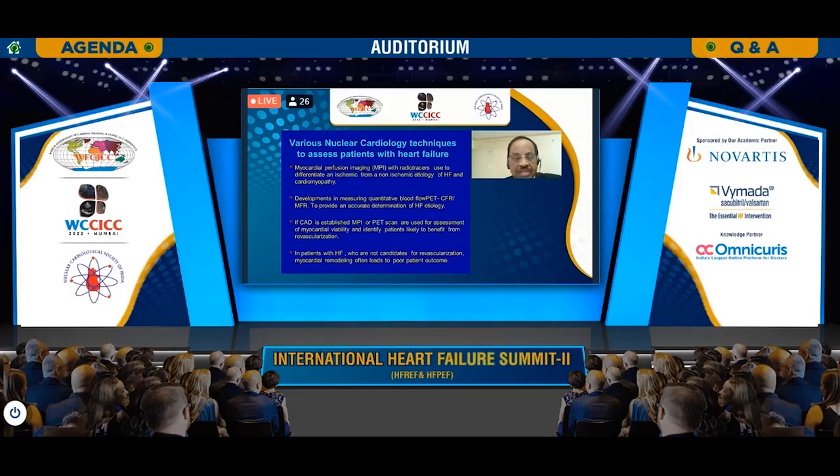Various nuclear techniques are used to assess patients with heart failure. As you have just heard from Dr. Prabhu, myocardial perfusion imaging with radiotracer is used to differentiate an ischemic from a non-ischemic etiology of heart failure and cardiomyopathy. Just do a resting myocardial perfusion scan and you can differentiate a cardiomyopathy of non-ischemic origin from ischemic heart disease.